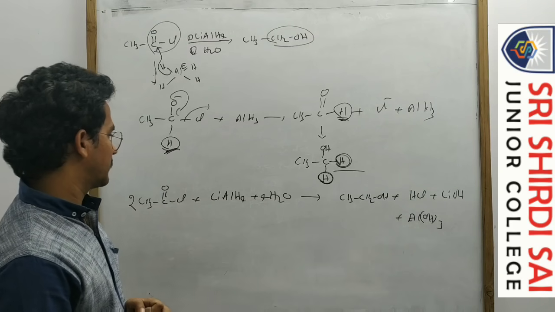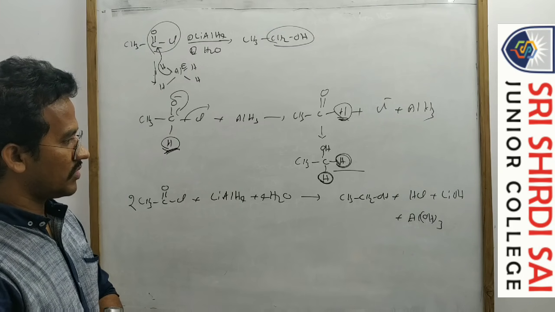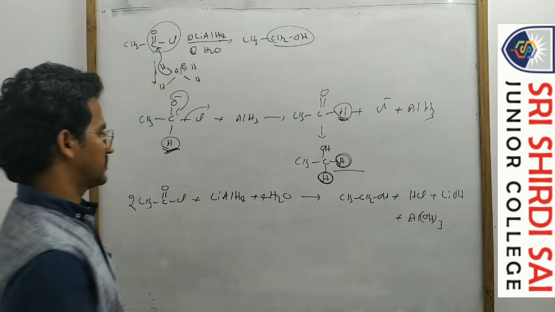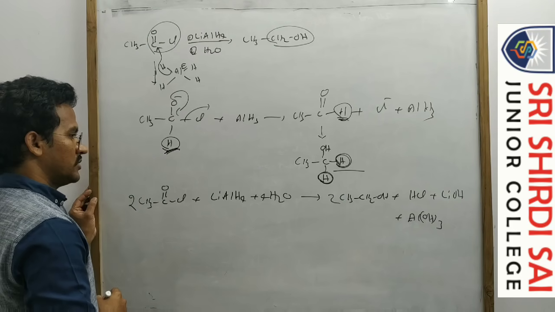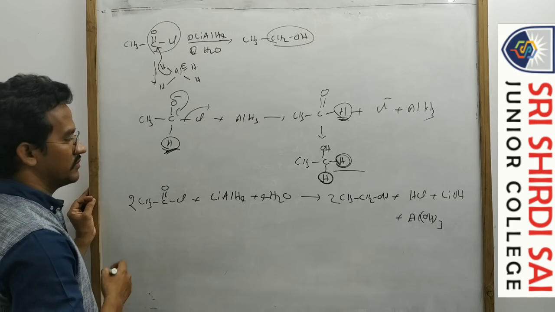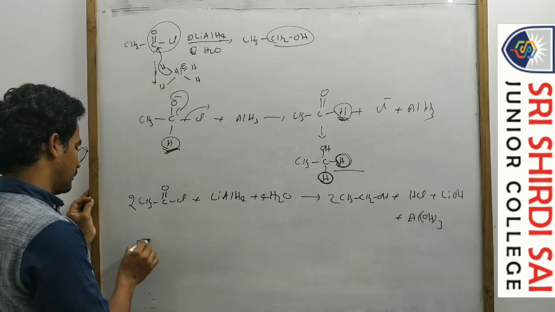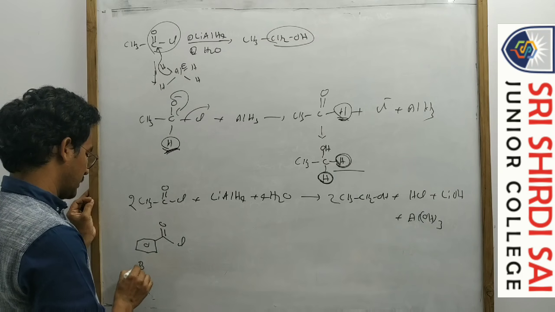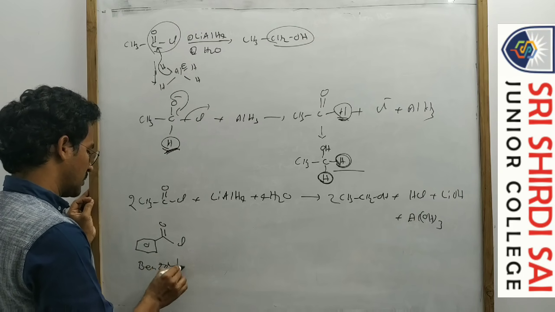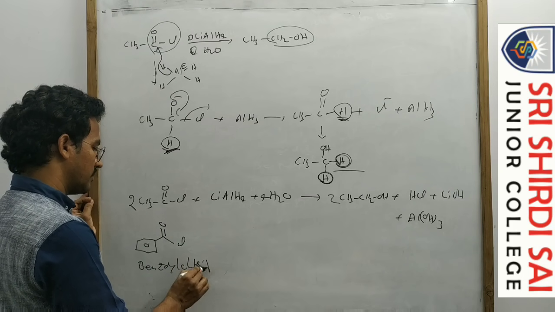Okay. So we can balance the reaction with the 2 equivalents of the acid halide. Suppose this is benzoyl chloride.